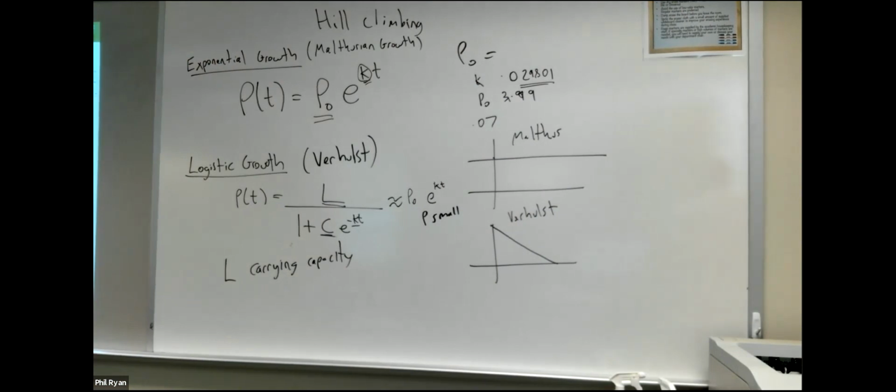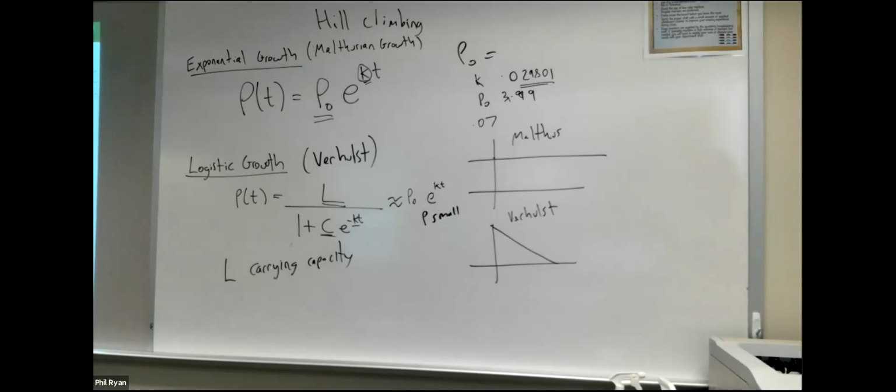So scrub it out, and what's it going to be? It's going to be L, which is $2, divided by, and then in brackets, we want to put 1 plus C, where C is $2, times exponential, which is EXP.